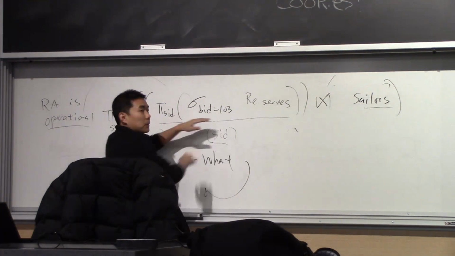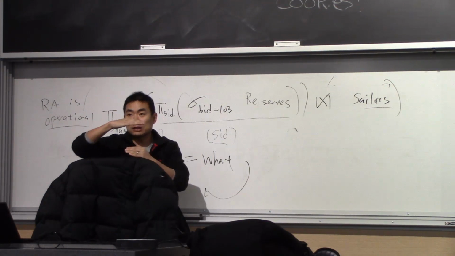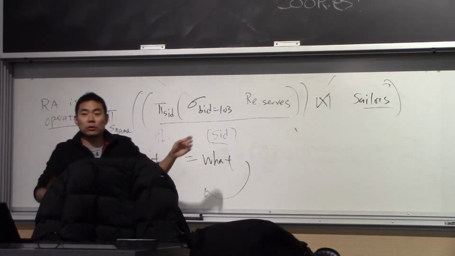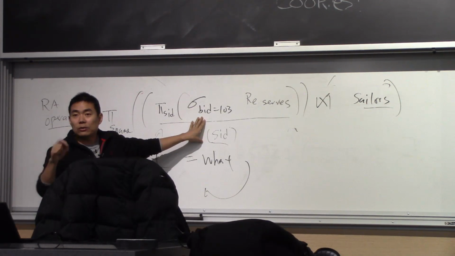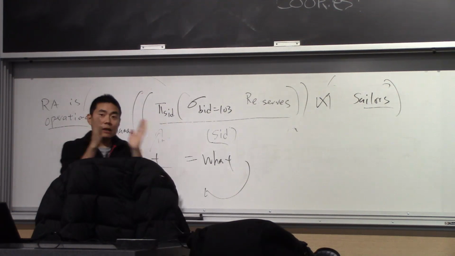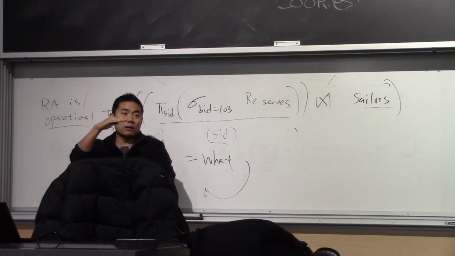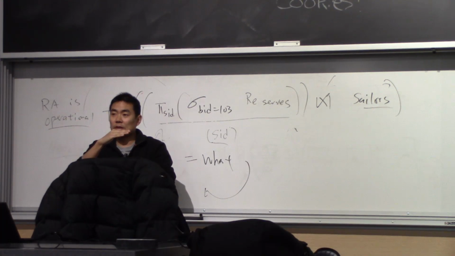So if you think about this approach, what happens is you narrow down your instance to a smaller subset. Assuming you have hundreds of boats, this narrows down to only those records concerning boat 103. Then this further narrows down to only SID from those smaller subset of records on reserve.